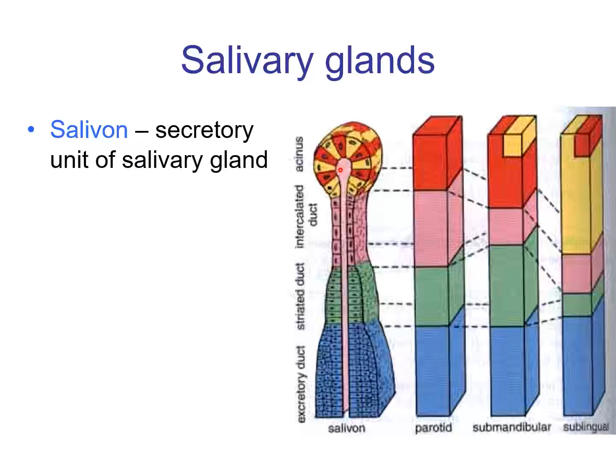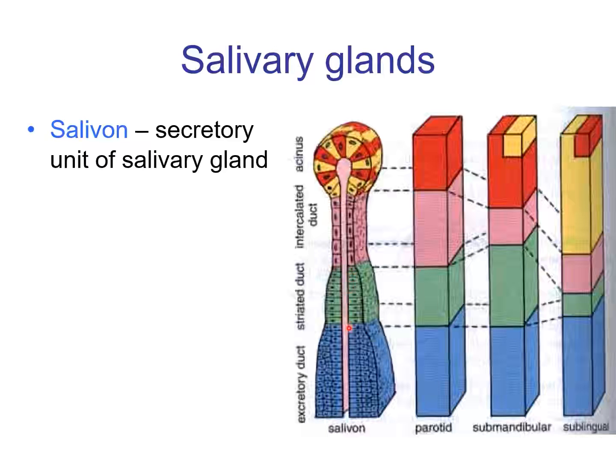From the acinus, the secretions are collected into the lumen of the acinus and the ductular system begins there. The first part of the ductular system is the intercalated duct, which is lined by squamous to cuboidal epithelium.